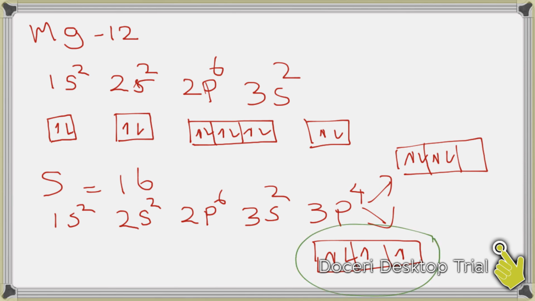Why? According to Hund's rule, this is the correct one, and this is wrong. According to Hund's rule, when electrons fill the same subshell, and p is a subshell, they fill singly and then pair up. So first it fills half-filled and only then does it pair up. So this is how you write the electron configuration.